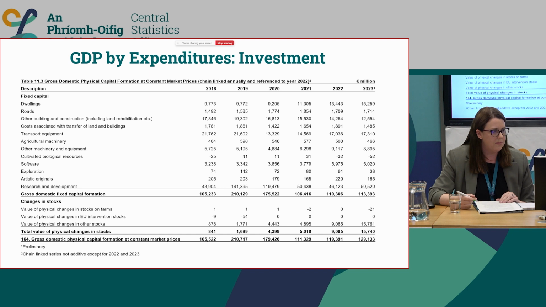The last four items then in the table make up what we class together as intangibles in the quarterly accounts. Here we're able to break them down into software, exploration, artistic originals, and finally research and development. Research and development makes up the bulk of this and would be the most volatile element of capital formation. When we're looking at the domestic economy, both software and research and development are heavily influenced by the globalised factors.